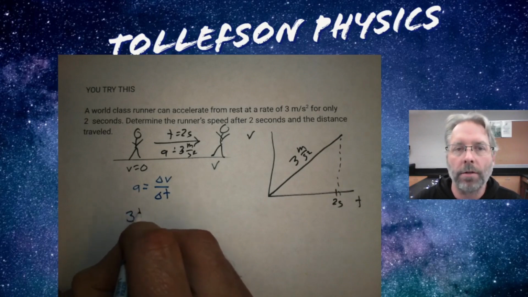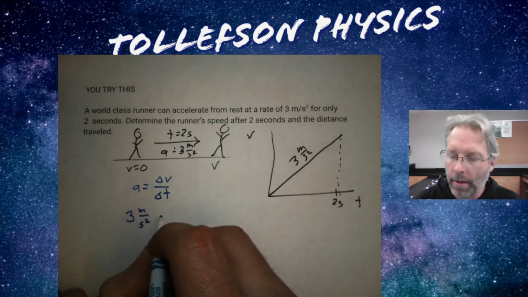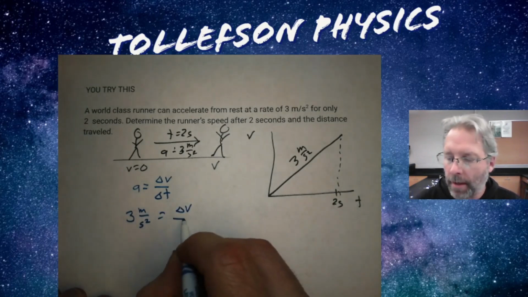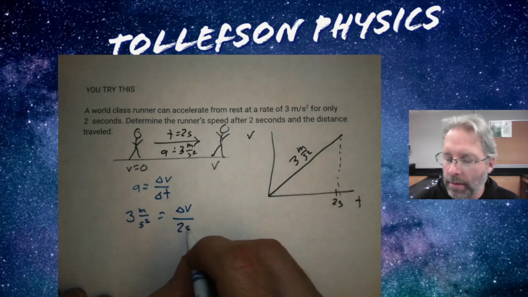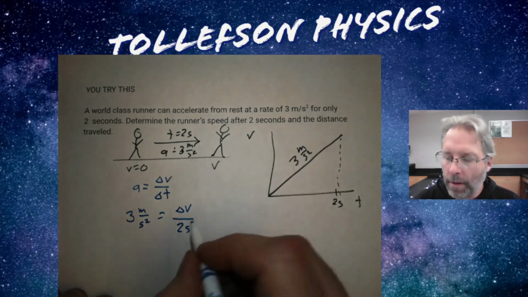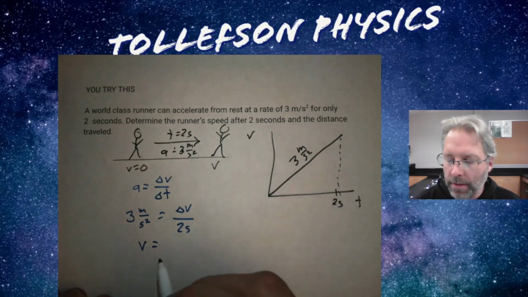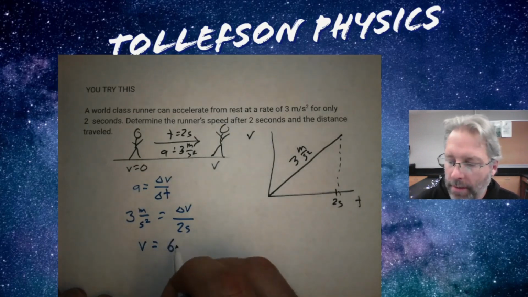And so it's 3 meters per second squared is that change in velocity, and I'm going from 0 to something, and it took me 2 seconds. So multiply both sides by 2, and that final velocity, since the starting velocity was 0, is 6 meters per second.